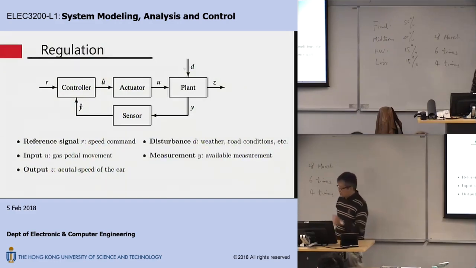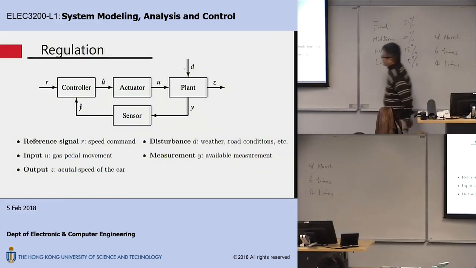Now let's look at the block diagram of a regulation control system. Again, you have a plant, an actuator and a sensor, and a controller. But now the difference is that we have an external command.